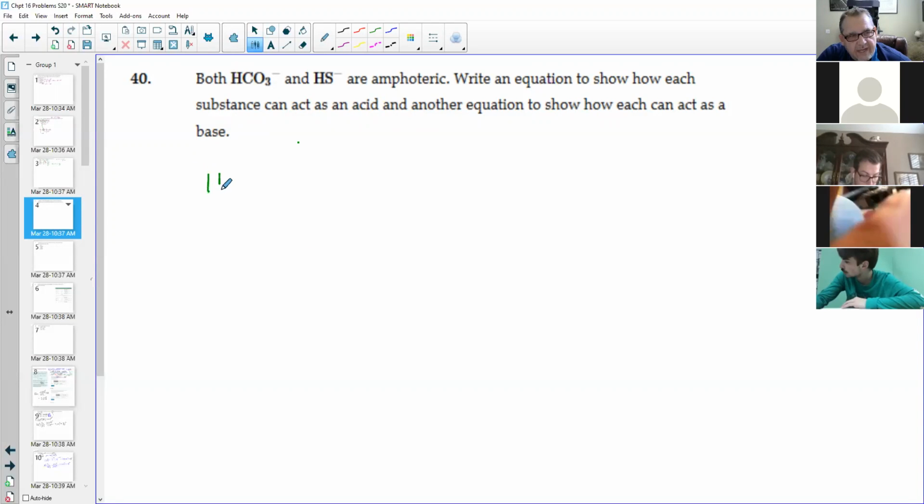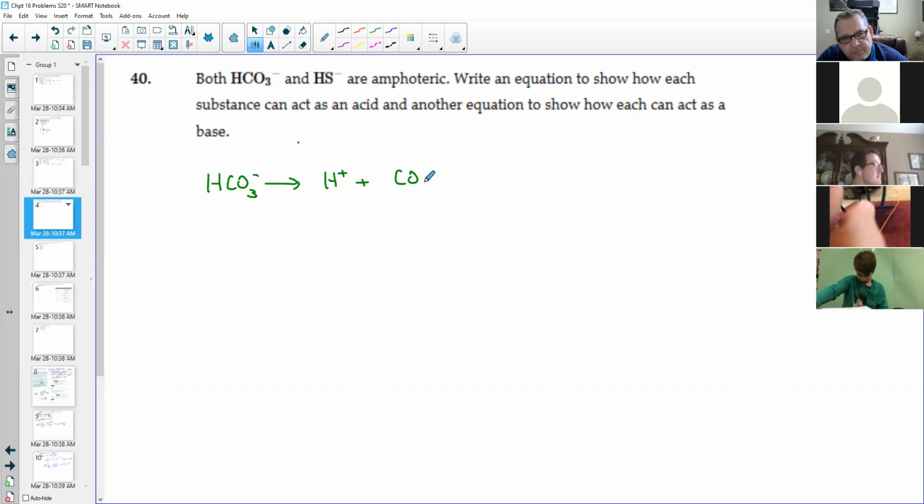So if we look at the bicarbonate ion acting as an acid first, as an acid, it would be a proton donor. So it would lose its proton and become the carbonate ion. But also it could be a proton acceptor.